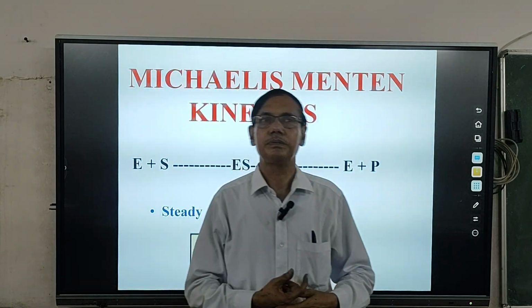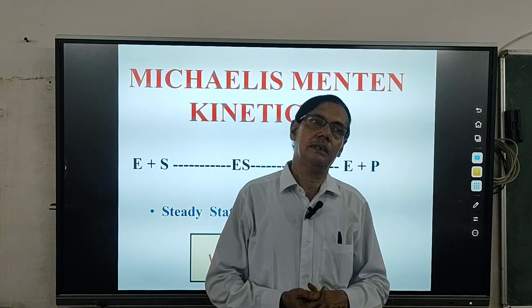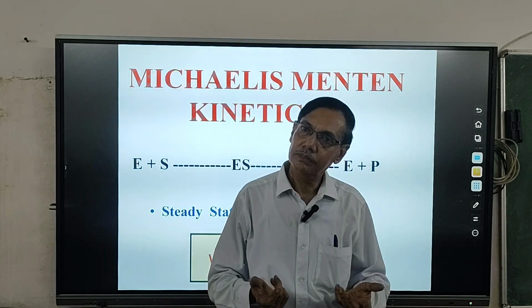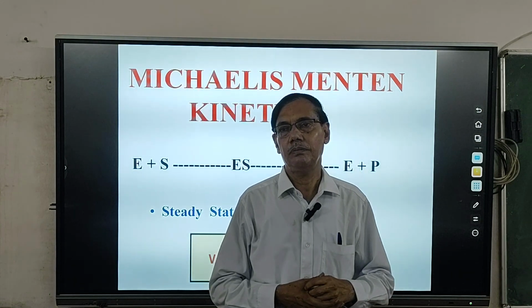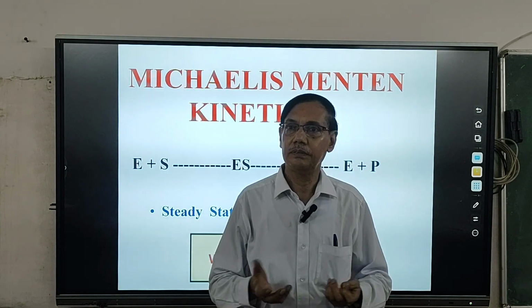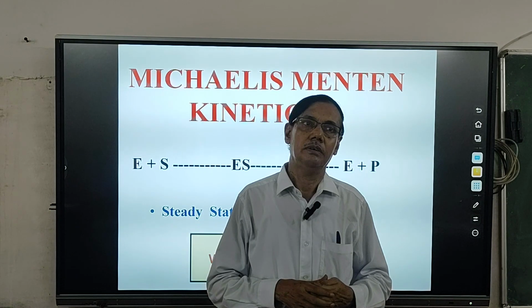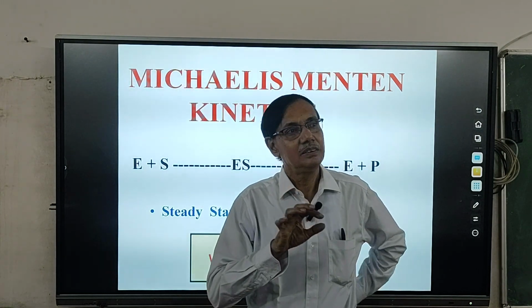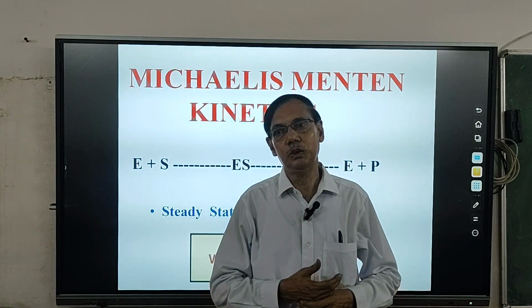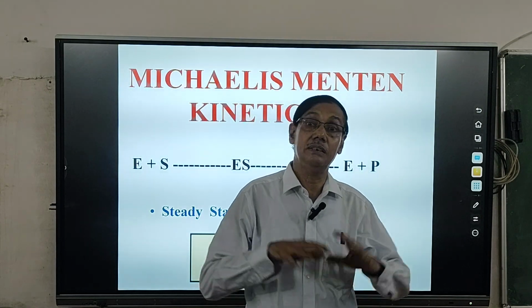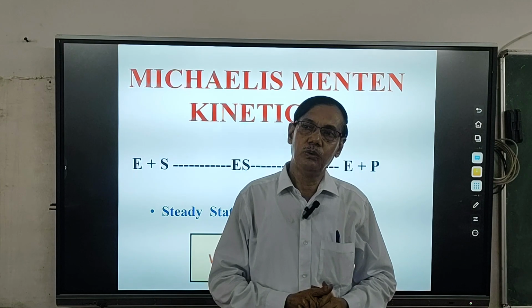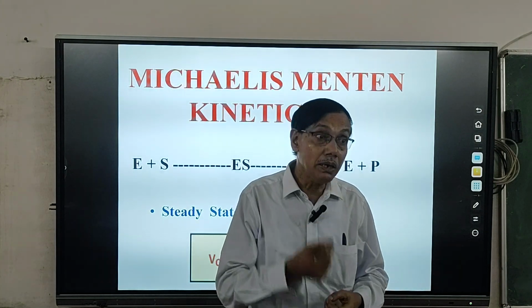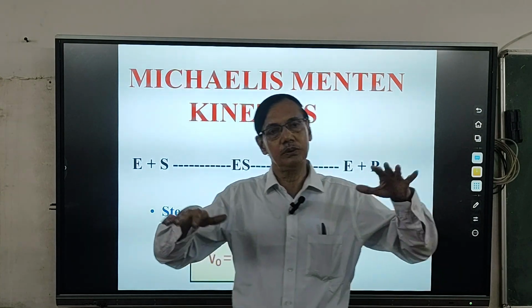We do purchase alpha-chymotrypsin from Sigma, and we do purchase acetylcholinesterase from electric eel. But if you want to work on human acetylcholinesterase, that is a very difficult task, as we have to extract it from blood.